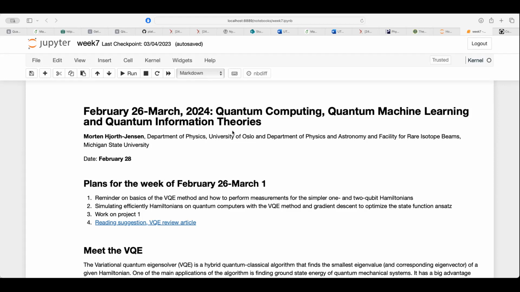Just some information about where you find coding examples, because I'm going to use that example extensively today when we go through how we can use the VQE. We will also use the second half of the second lecture to discuss more where we are with respect to the project and do some hands-on.